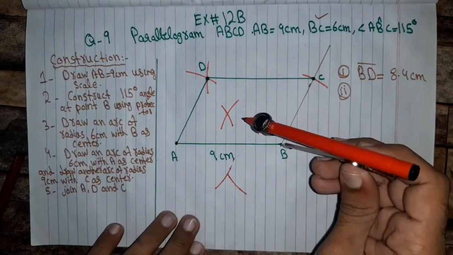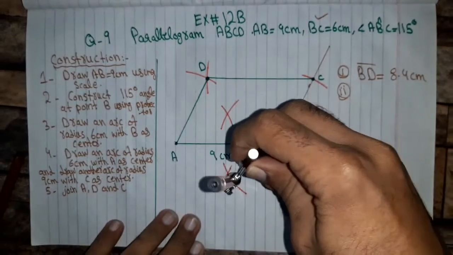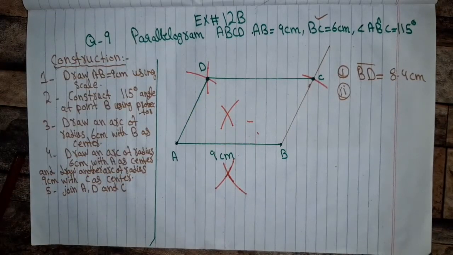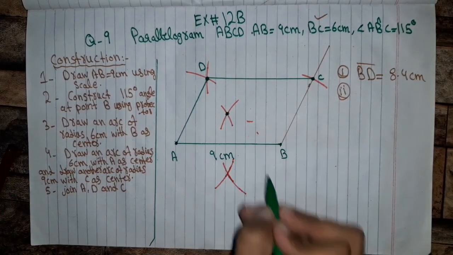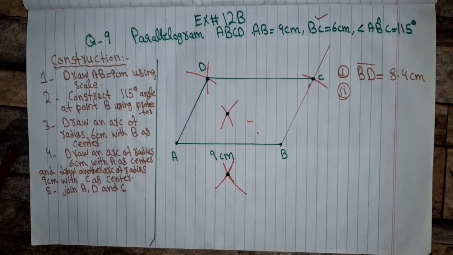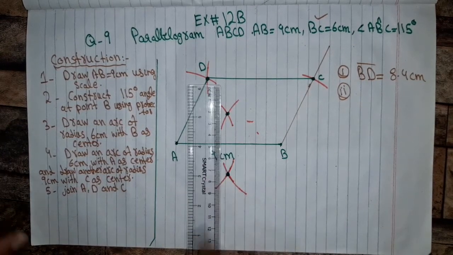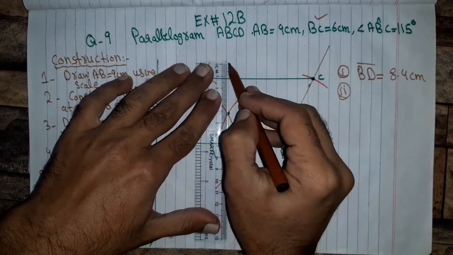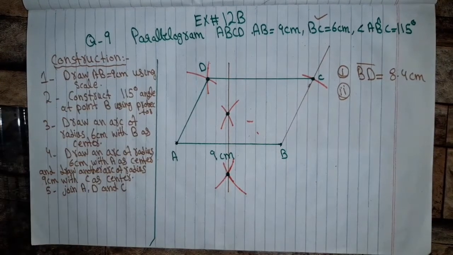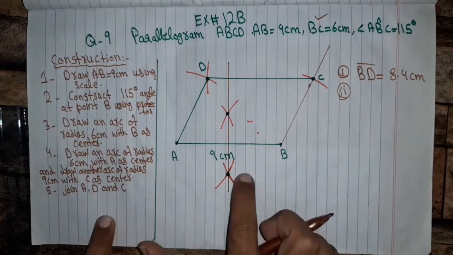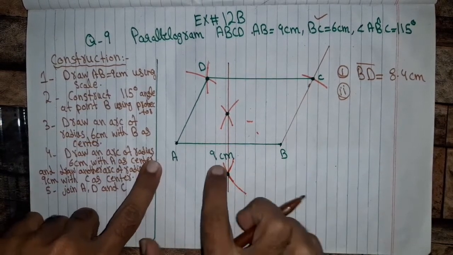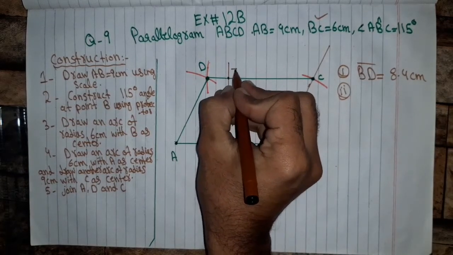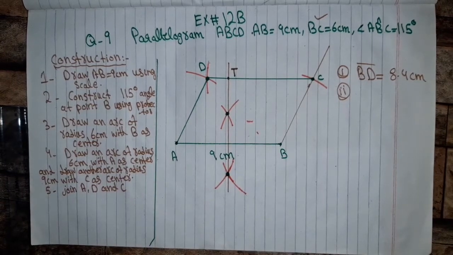Let us extend this a little. So now we will join these points. So this is our perpendicular bisector of AB. The point where it cuts, we will call that point T. So this is point T.